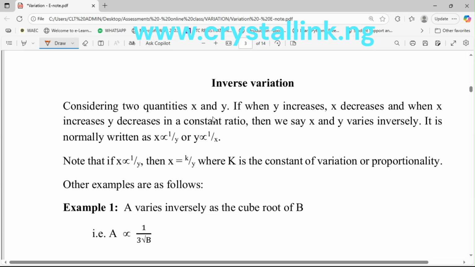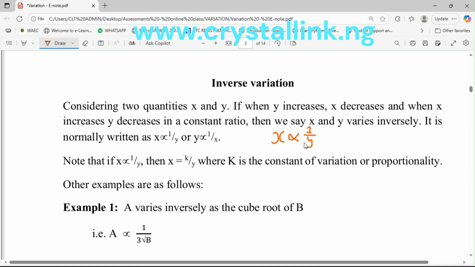If I'm considering two quantities like x and y, so I can say x, remember, this is the symbol for variation, right? 1 over y. This is the inverse now. For example, to take the inverse of a number means 1 over that number. Yes, so this is how we represent inverse variation.